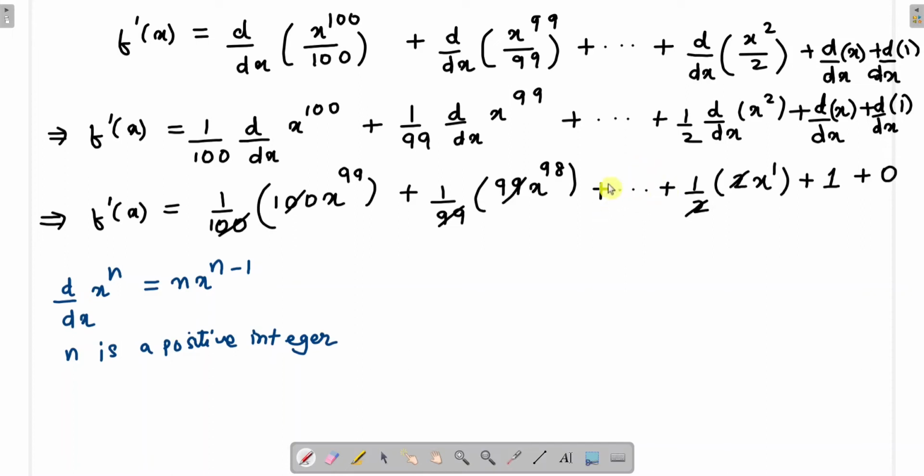Okay, and so on. And if you look at the term which is before this term, it will be 1 by 3 times 3 x square, so 3 and 3 will get cancelled.